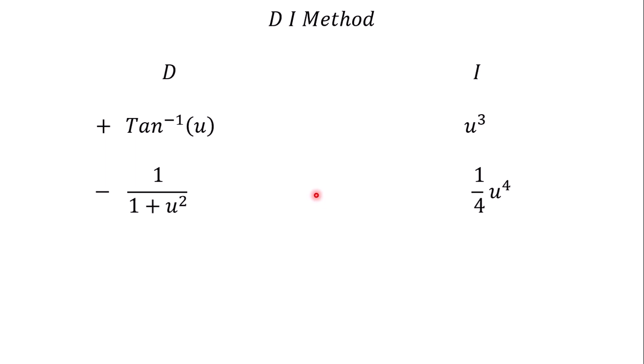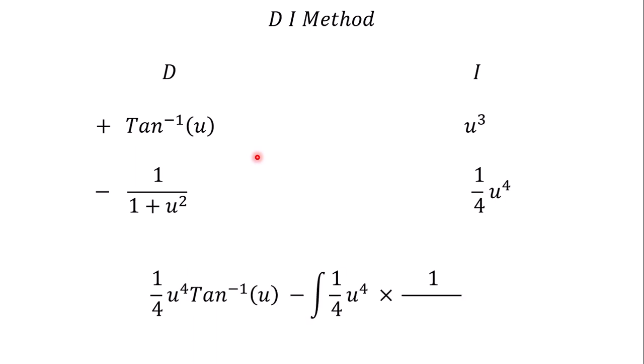So the first part of our answer is going to be tangent inverse of u multiplied by 1 over 4 u raised to the power 4, which is being indicated by this red arrow.